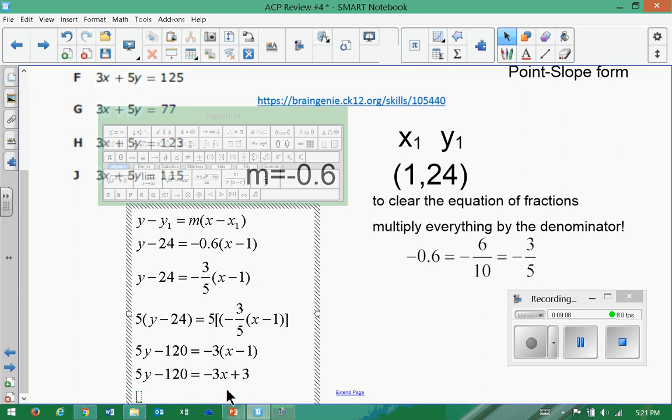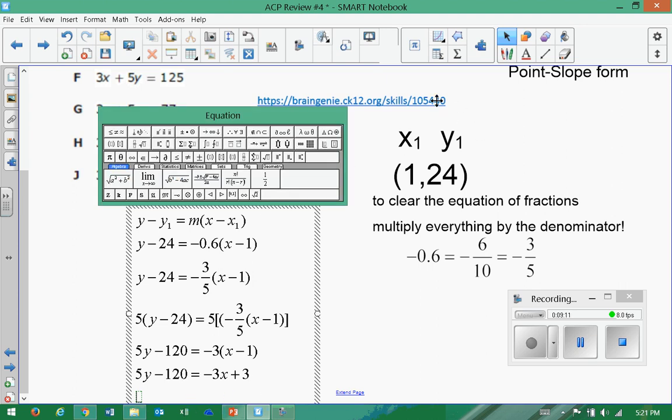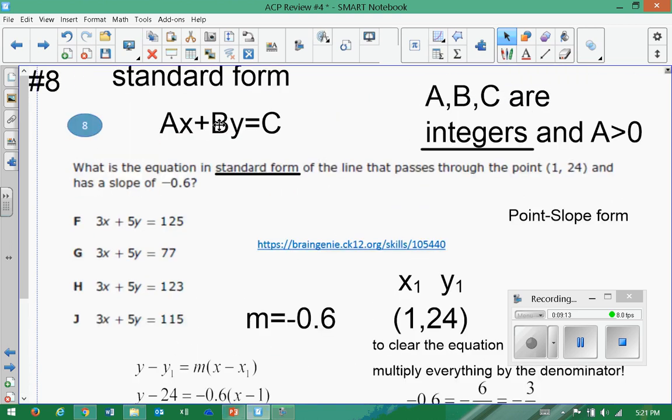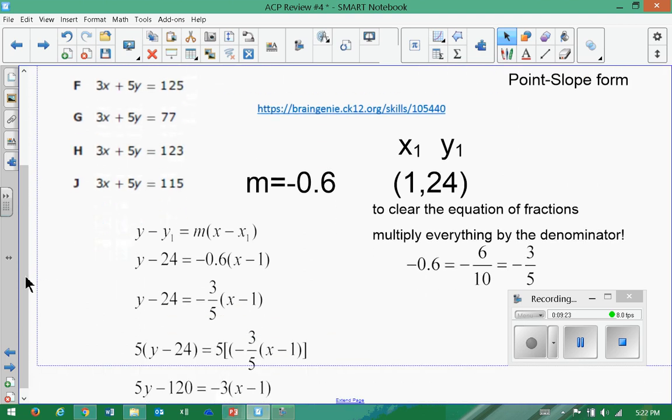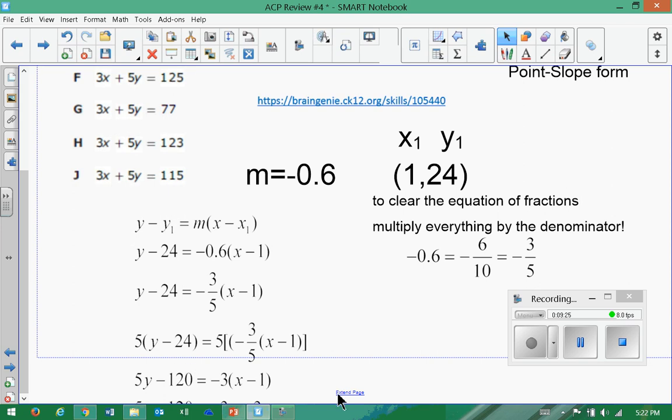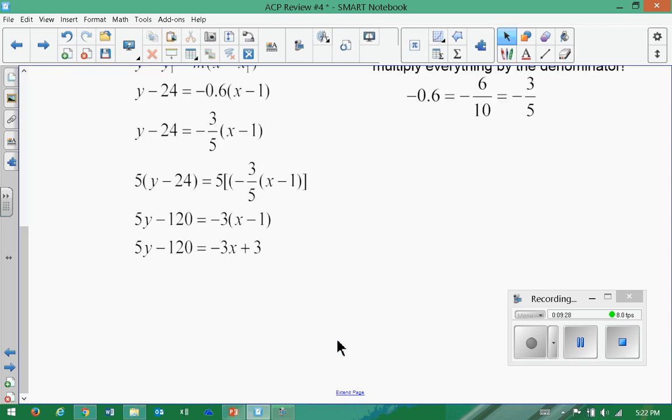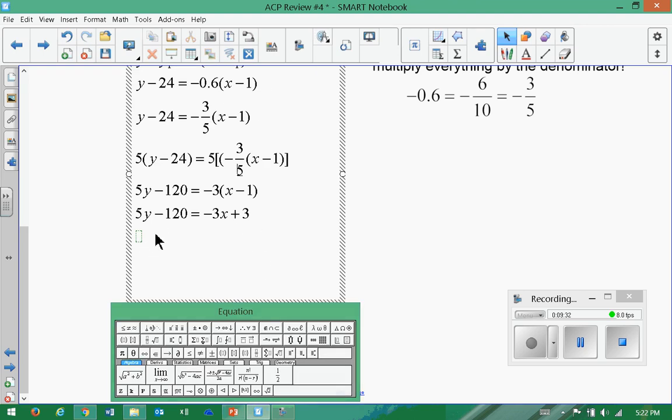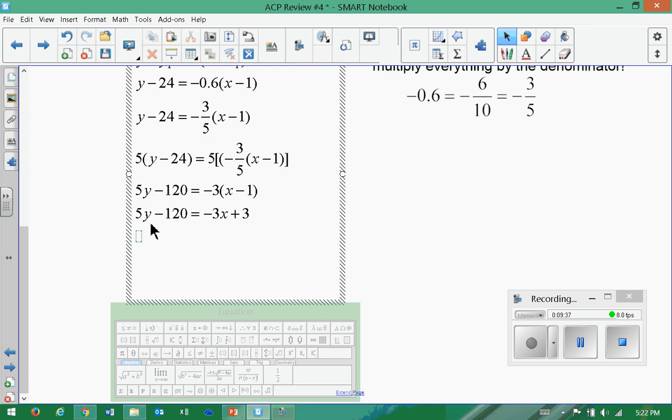Okay, again, before we do the last step, let's remind ourselves that standard form looks like this: A, B, and C are integers, and A is a positive number. That's what it means for A to be bigger than 0. So let's see if we can fix this part. My 5y is already on the left, but I want to get rid of the 120.